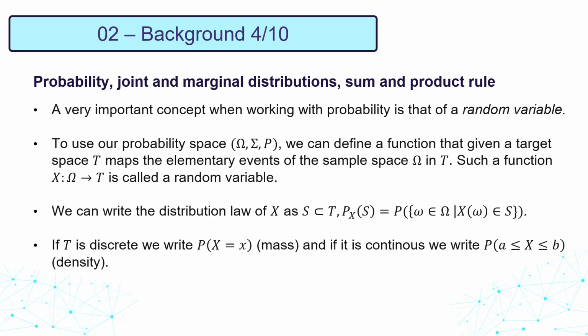If the probability is discrete, you can actually ask yourself the probability of the random variable, the function big X, taking a value small x. This is called mass. So it's a probability mass function. If it is continuous, you can only ask for the density, because in continuous numbers, there is no equal sign, essentially, right? So you have infinite possibilities of reaching that.